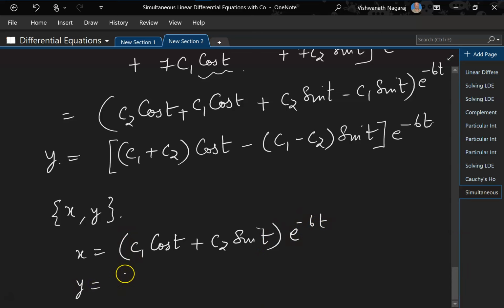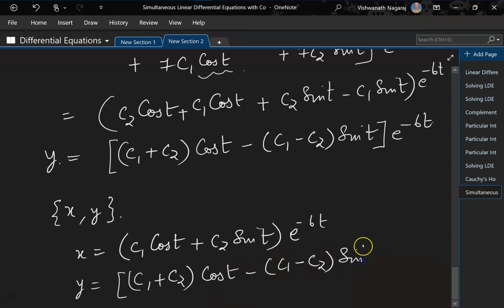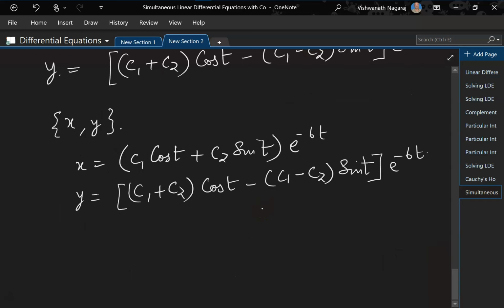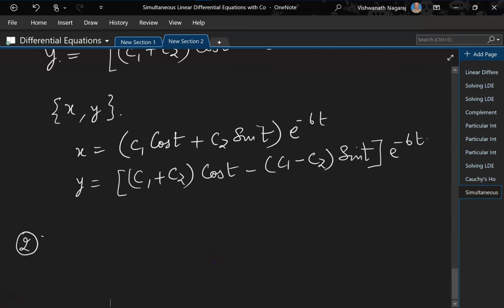And y is equal to c1 plus c2 cos t minus c1 minus c2 sin t, e to the power of minus 6t. Now this was when the RHS was 0. Now let's do one more problem when the right hand side has some other function. Okay, let's do the second problem.